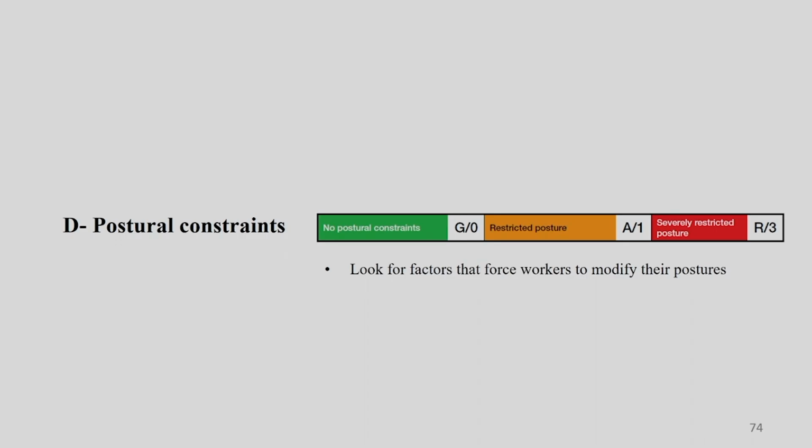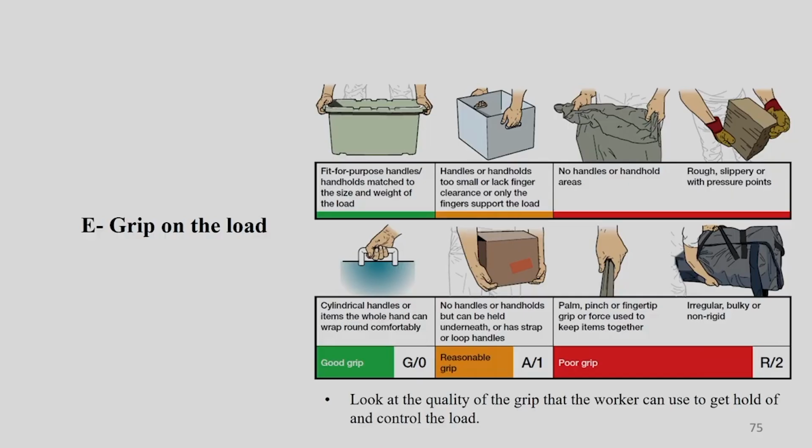Whereas if it is only one or two factors, where there is a possibility to manipulate or compromise somewhere, in those cases it is restricted posture. And if no factor is there, like it is freely movable, the whole body is freely movable, in that case it is no postural constraint.